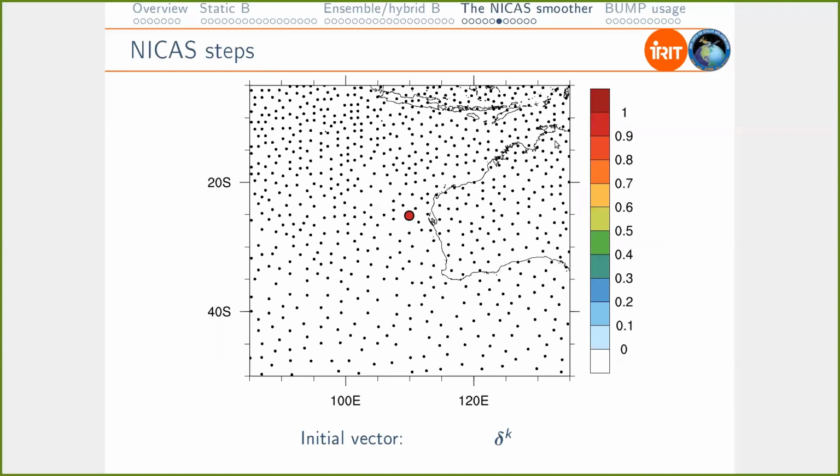And here we start with our initial vector, so it's just 1 at some point. We apply a normalization, so it's maybe 1.1 here, something like that. Then we apply the adjoint interpolation. Since it's a linear interpolation in the triangle, the adjoint gives components on the 3 neighbor points.